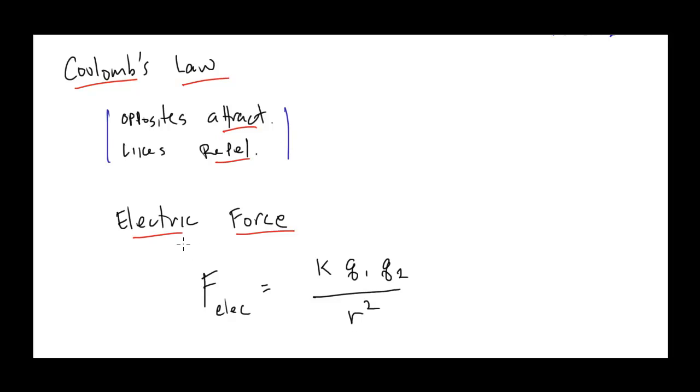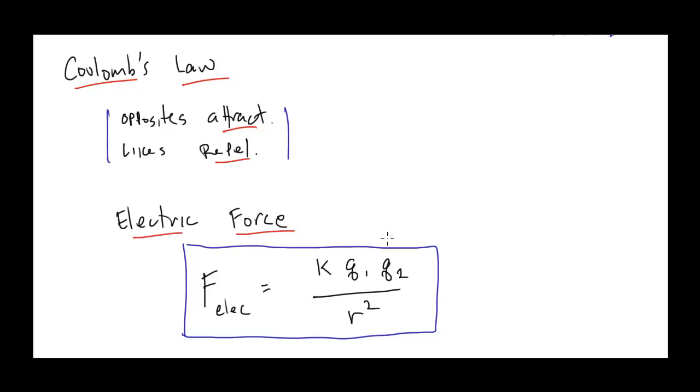So just to briefly unpack this, this is the electric constant K, which has a value of 9 times 10 to the 9th in standard units. Q1 and Q2, Q is our abbreviation for charge, so these are our charges. And R is the distance, and that distance, again, is squared.